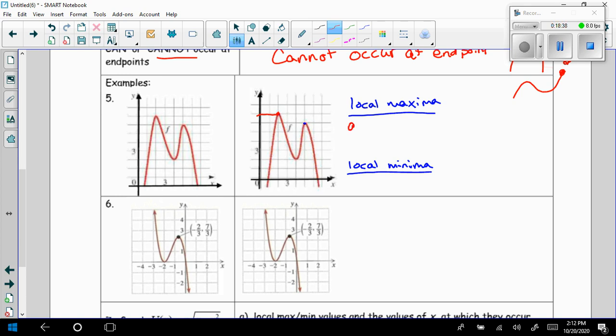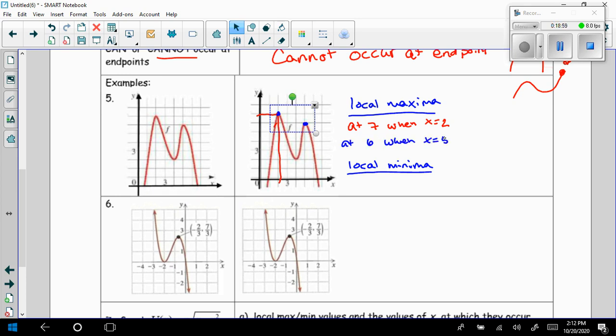So we will say at 7 when x equals, and then we find the x value here is 2. All right, so the second one here, remember your local maximums are all of your peaks and those little mountains. We'll say at 6 when x is at 5.